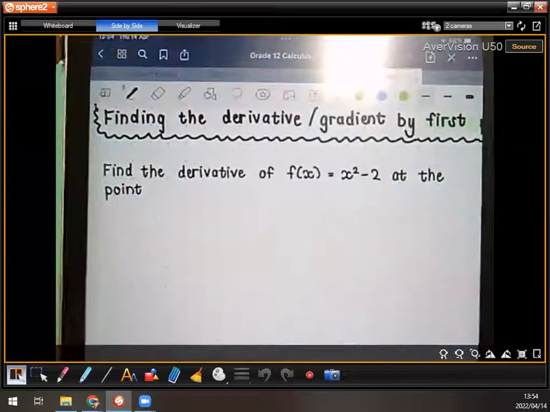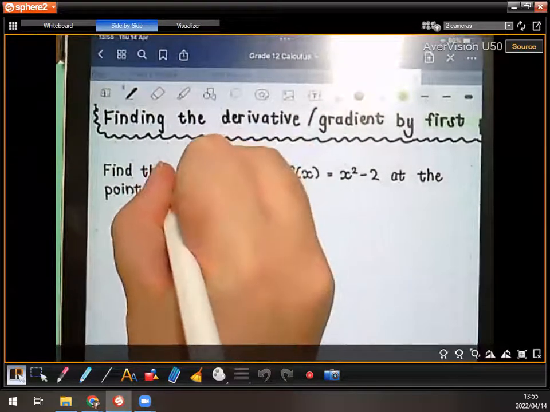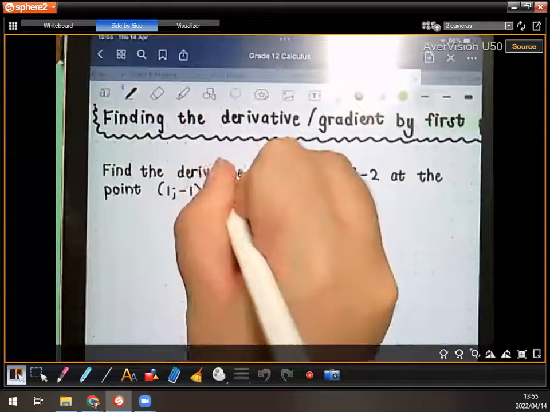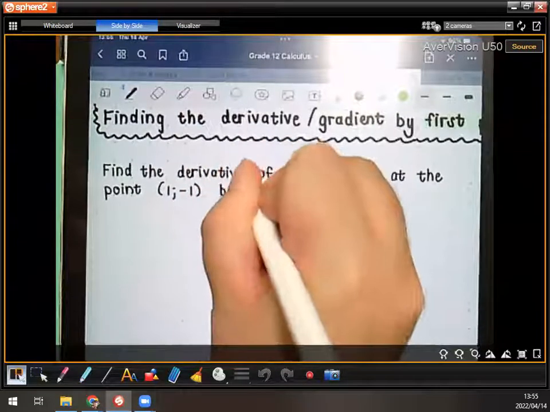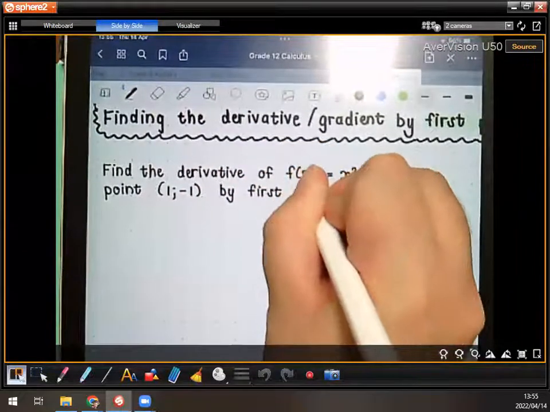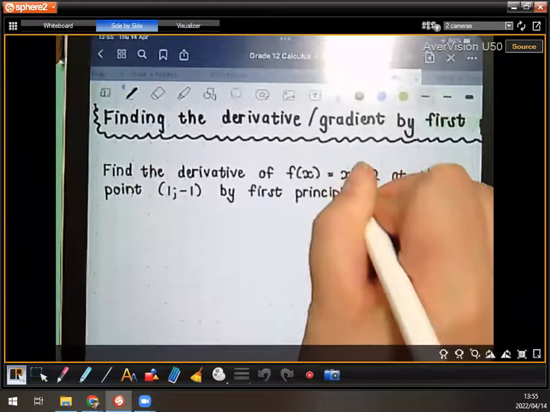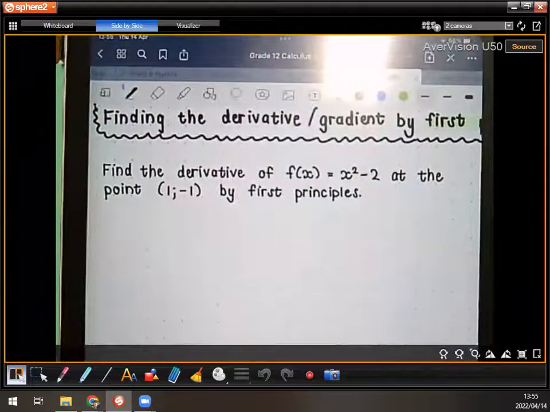Yes, by first principles, that's what it says at the end. I quickly found a point that actually lies on this graph. Quickly, guys, I want to finish this.